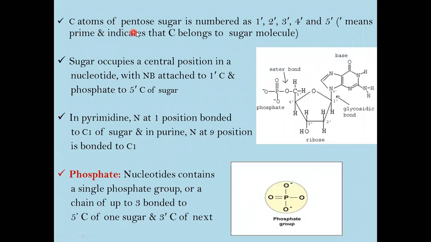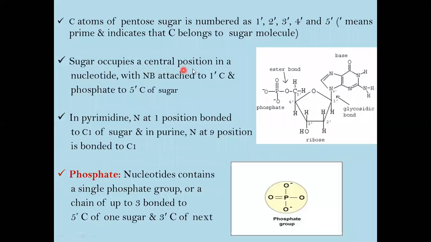The carbon atoms of pentose sugar are numbered as 1 prime, 2 prime, 3 prime, 4 prime, and 5 prime. Dash means prime, and it indicates that the carbon belongs to the sugar molecule. So only the carbons present in the sugar molecules are labeled as prime.